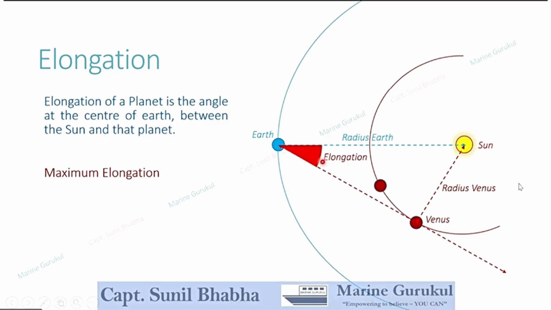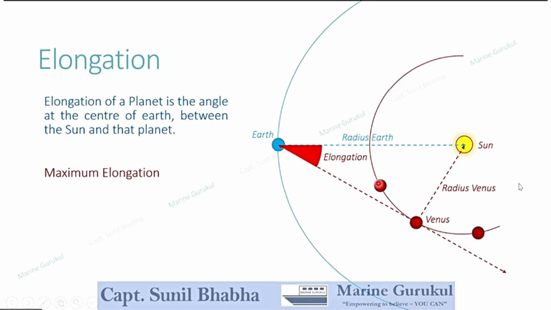The elongation will be the angle between the blue color line showing the radius of the Earth, and the line joining the center of the Earth with the location of Venus at this particular point. If Venus is at this particular location here, the elongation will again be the angle between the radius of the Earth and the line joining the center of Earth with the center of Venus.